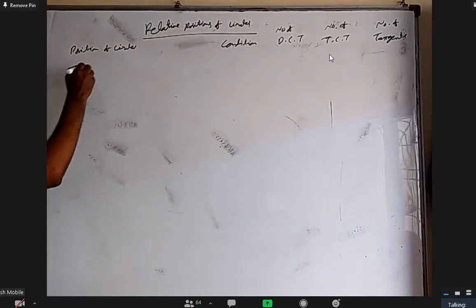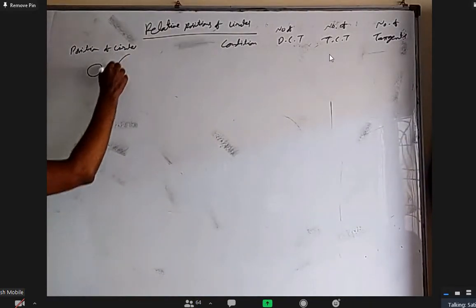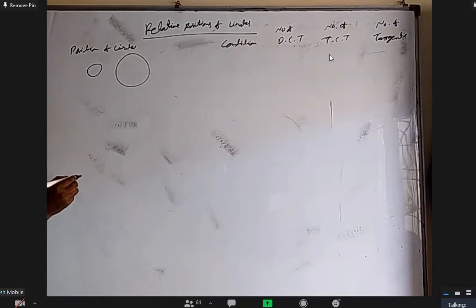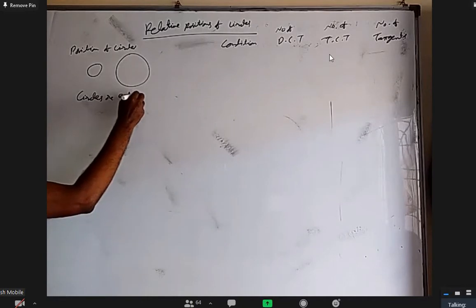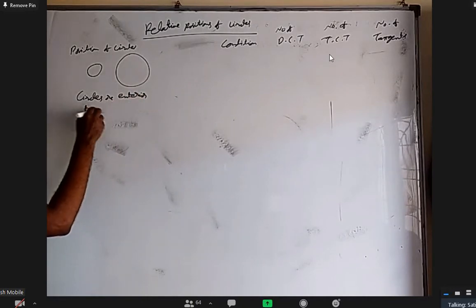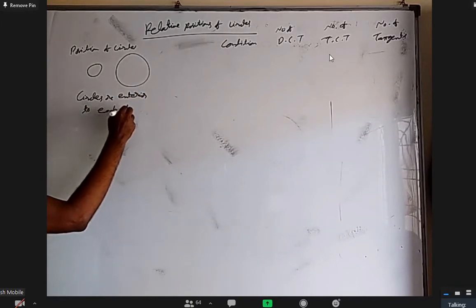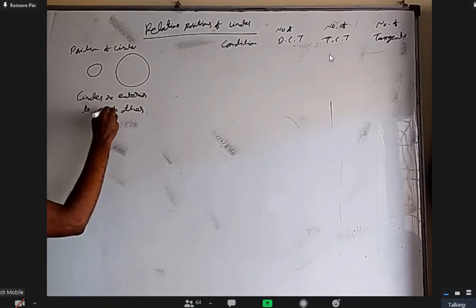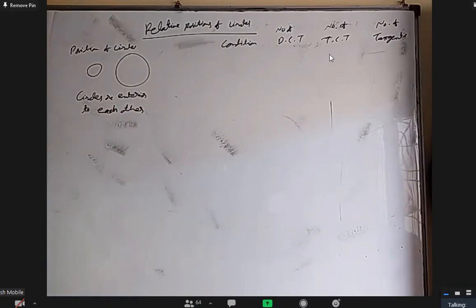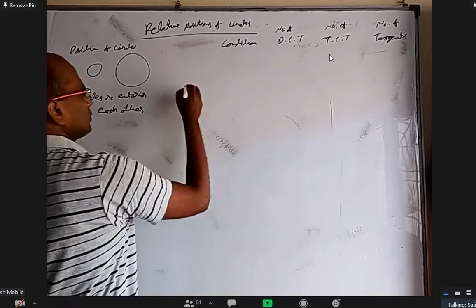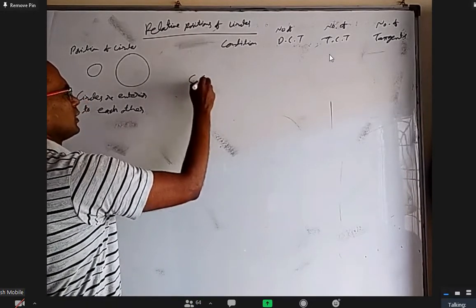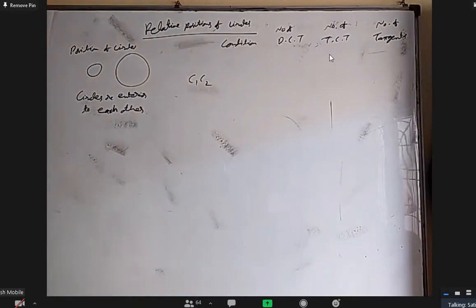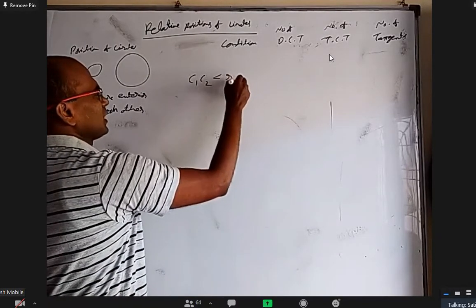Okay, so here two circles are completely separate. So you can write circles are exterior to each other. The condition is C1C2, the distance between the centers, should be greater than R1 plus R2.